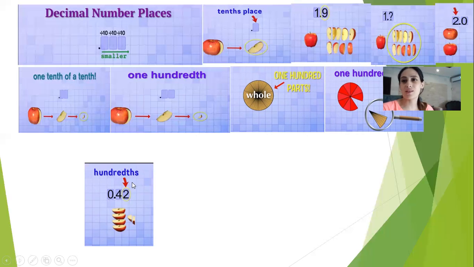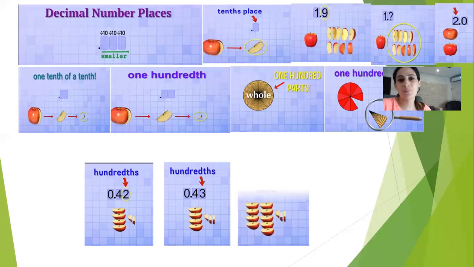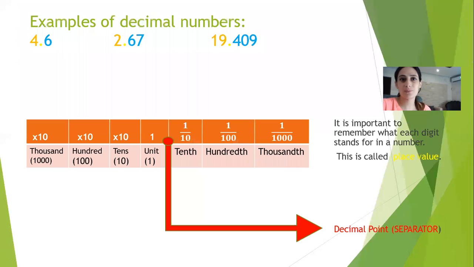0.42 hundredths. Let us read the second example. 0.43 hundredths. And here, 0.93 hundredths.